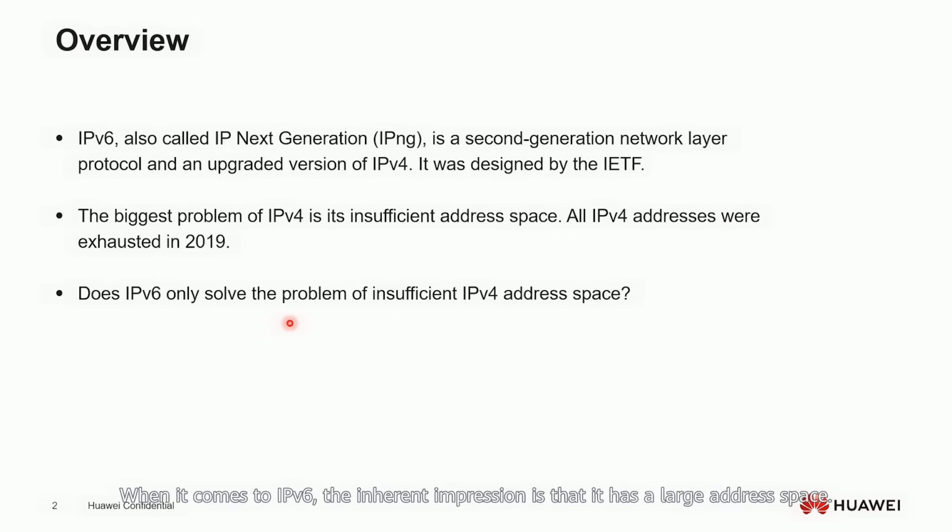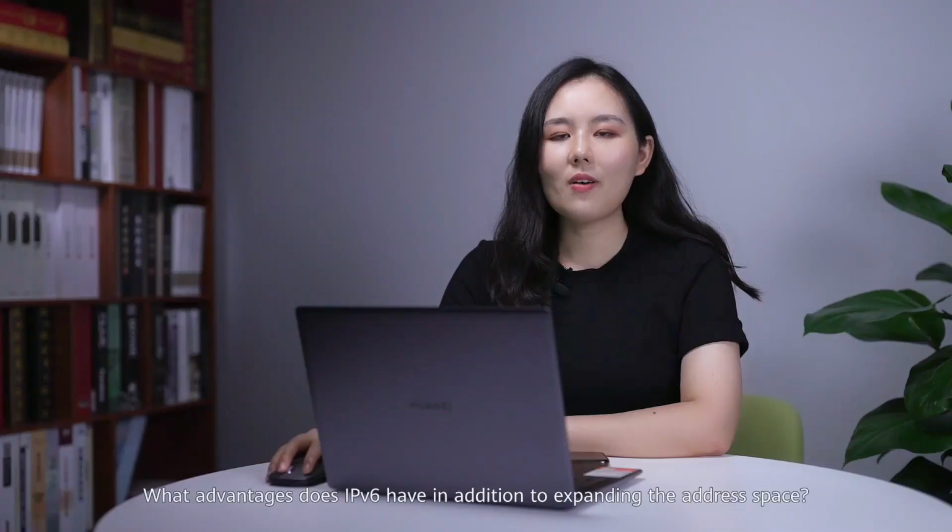When it comes to IPv6, the inherent impression is that it has a large address space. Does IPv6 solve the problem of insufficient IPv4 address space? Obviously not. What advantages does IPv6 have in addition to expanding the address space?